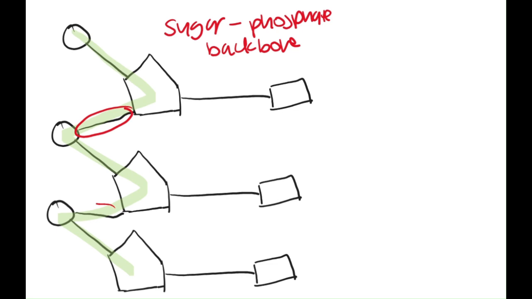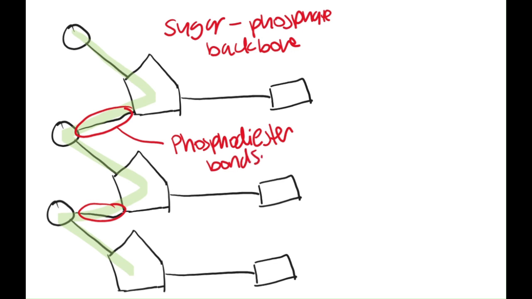These are covalent bonds that form between, again, the sugar and the phosphate. These covalent bonds specifically, though, are called phosphodiester bonds.